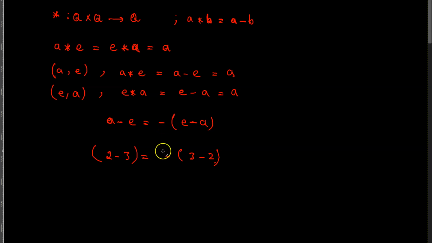So it's always like that. You can say that 2 minus 3 is not equal to 3 minus 2, at least when you're talking about the set of rational numbers. So that means that this element simply does not exist.